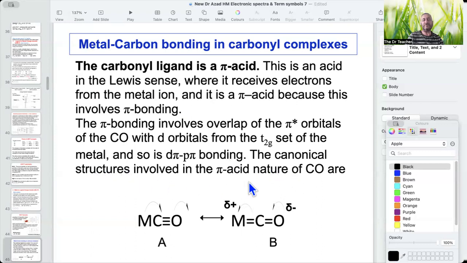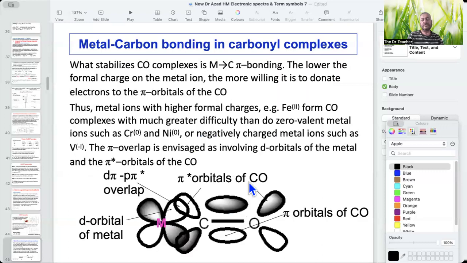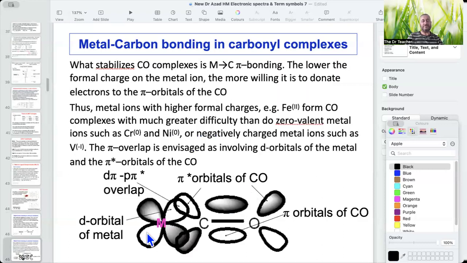Structures involved in the pi acid nature are those. And this is how we explain the carbon oxygen triple bond. One of them is pi filled with electrons, and the other one, a cloud of pi star, is empty and can receive electrons from the metal.